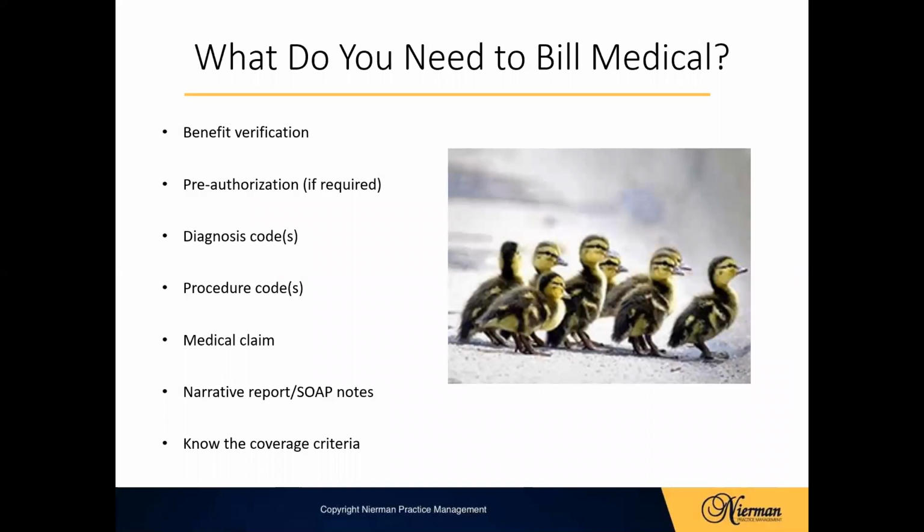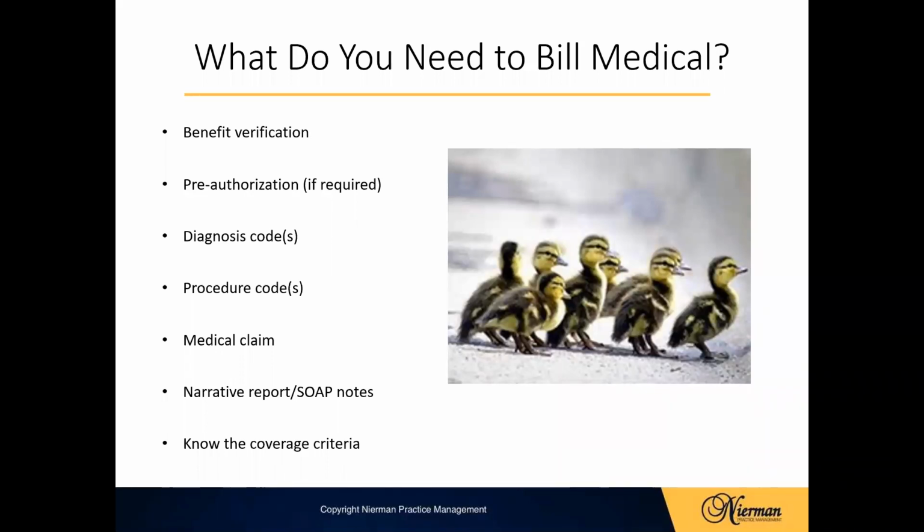So what do you need to bill medical? You need the benefit verification. Your first step is always an insurance verification. You'll find out from the insurance, hey, do they have coverage or not? Do they have insurance, okay? You want to find out if it needs to be pre-authorized. You're going to need your ICD diagnosis code, your CPT procedure code, and the medical claim form.